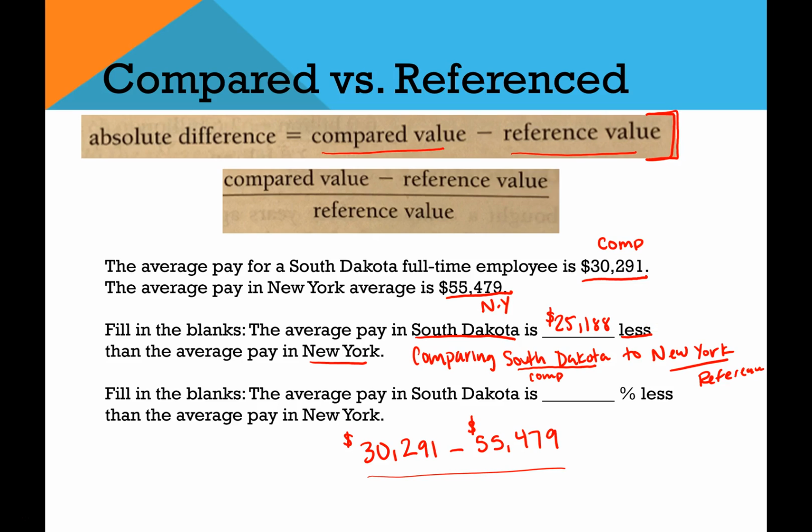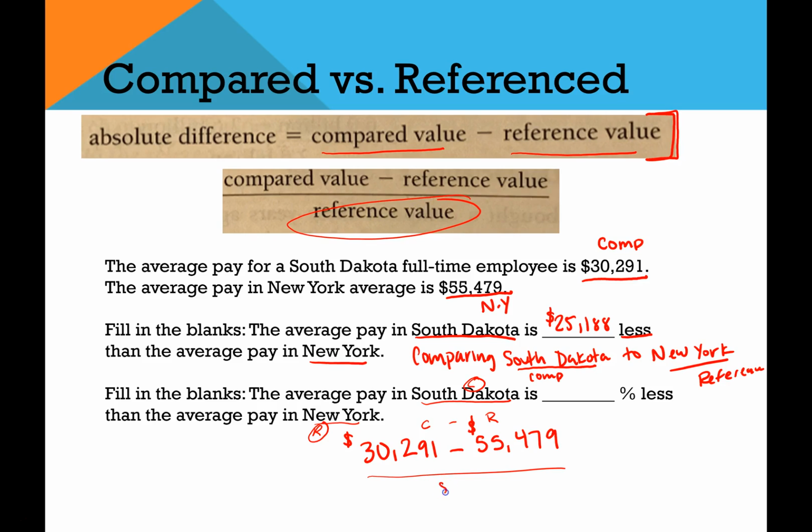All right. The next one says the average pay in South Dakota is blank percent less than the average pay in New York. In this case, you're still comparing South Dakota to New York. So this is still the compared, and we're still referencing New York. I've already done that. I already have my compared minus reference, but I have to divide by the reference.